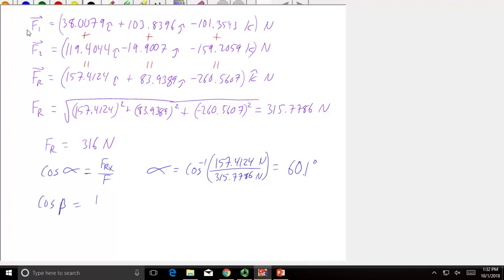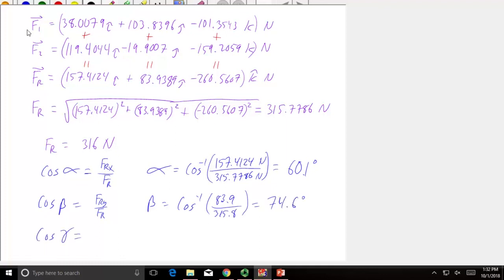Cosine of beta is FRY over FR. So beta equals inverse cosine of 83.9 over 315.8. And I end up with 74.6 degrees.